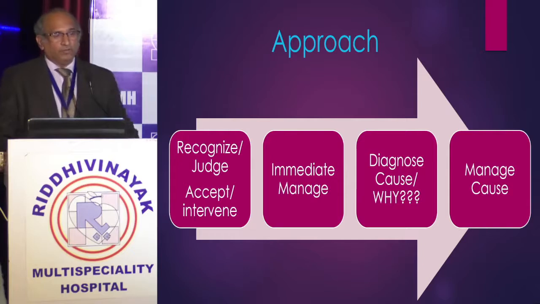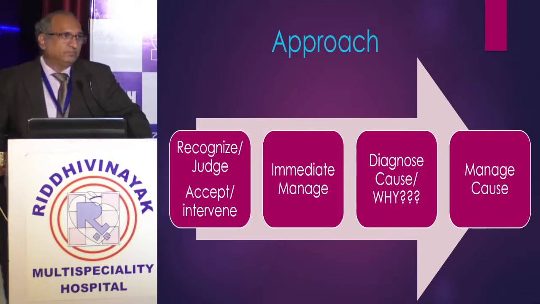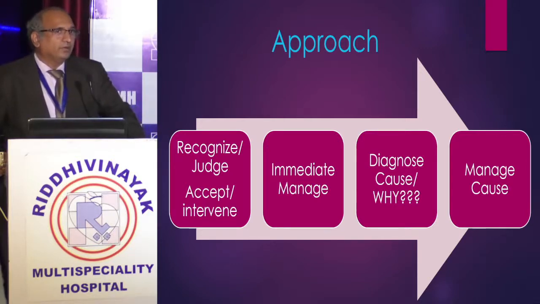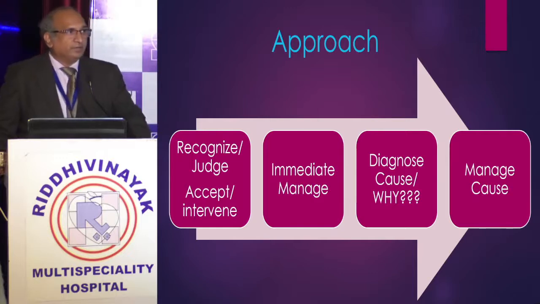Now how do you approach it? First thing is you have to recognize whether there is a problem or not. At the same time, you have to think about whether that is an issue which is acceptable or whether you need to intervene.